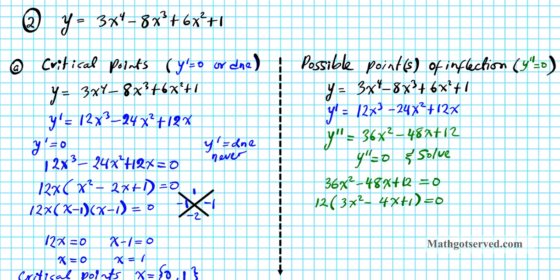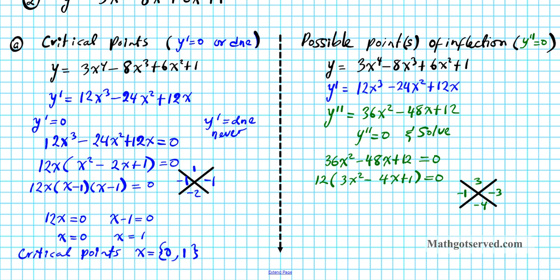Let's factor this using the x game. AC goes on top and B goes on the bottom. AC is 3, B is negative 4. What works here is a version of 1 and 3, so negative 1, negative 3. Let's use that to factor this.